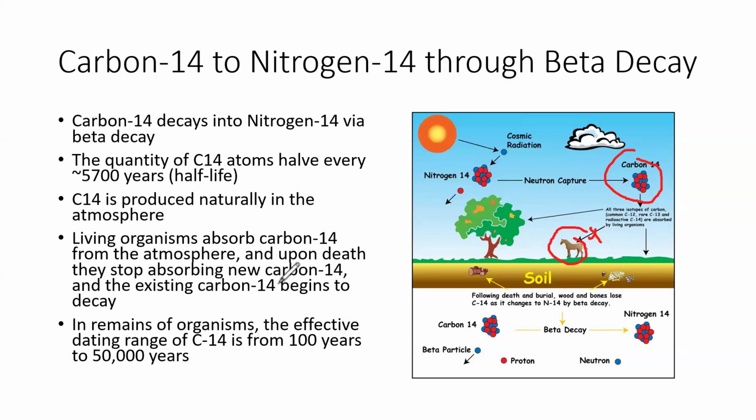And when that happens, the collection of carbon-14 in the dead organism will now start to decay, because there's no source of replenishment. So the carbon-14 will now effectively undergo radioactive decay.